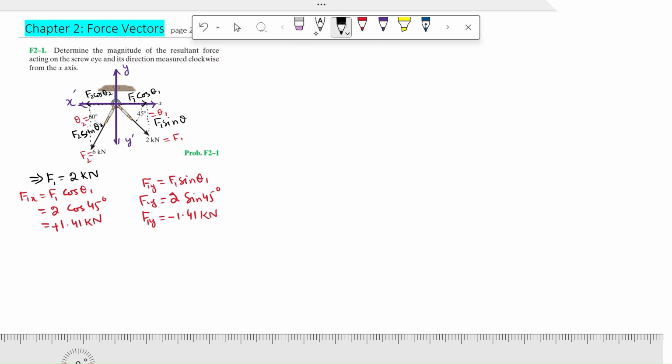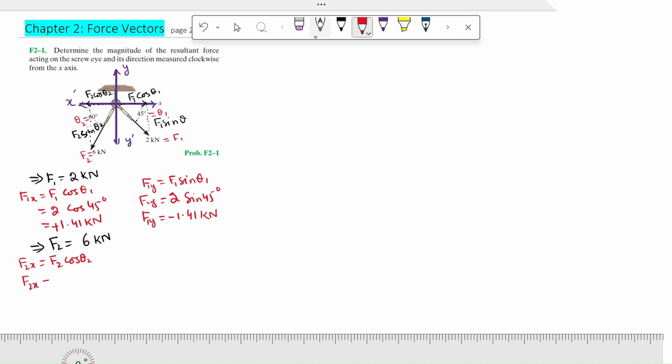Now I will be resolving the F2 force into x component and y component. For this I have the same formula as I discussed earlier. For F2x we have this nice formula, F2 cos theta 2, which we get from the trigonometric ratios.